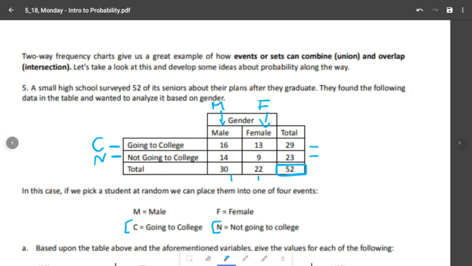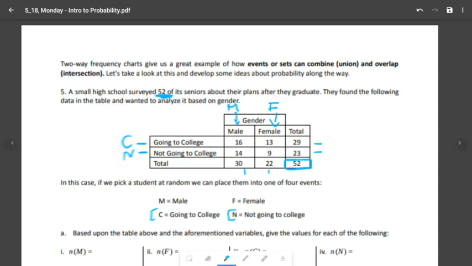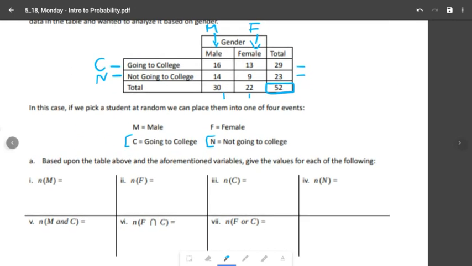And then the big total, there's 52, which makes sense because they said that there were 52 seniors that were surveyed. So part A says, based upon the table above and the aforementioned variables, that's C and M and F that we used, give the values for each of the following.